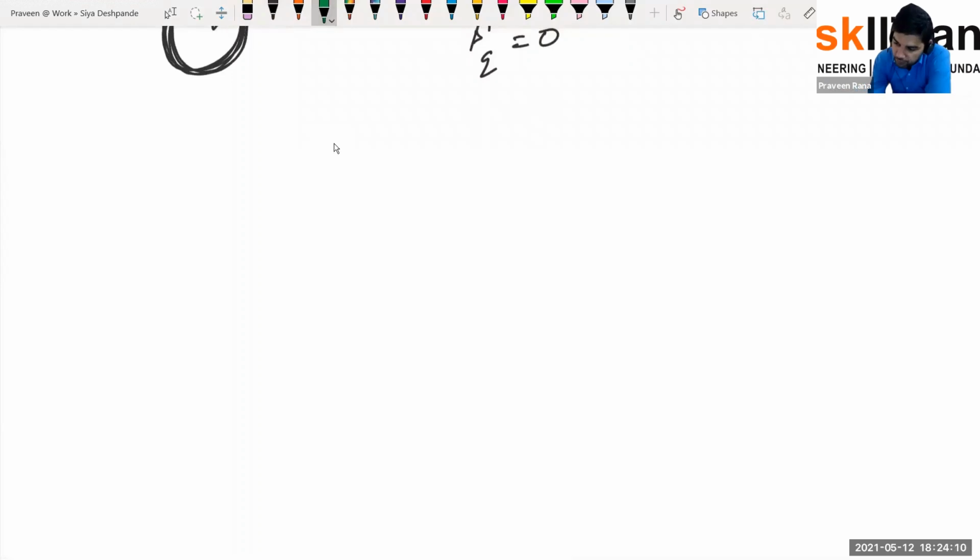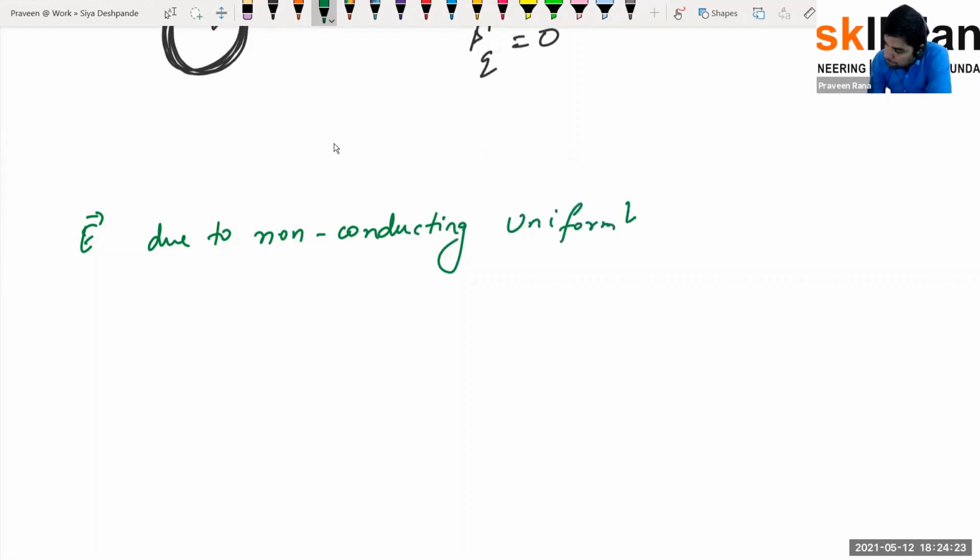You'll see, right? Electric field due to non-conducting, uniformly charged sphere. So what kind of sphere do you have? A solid or hollow?